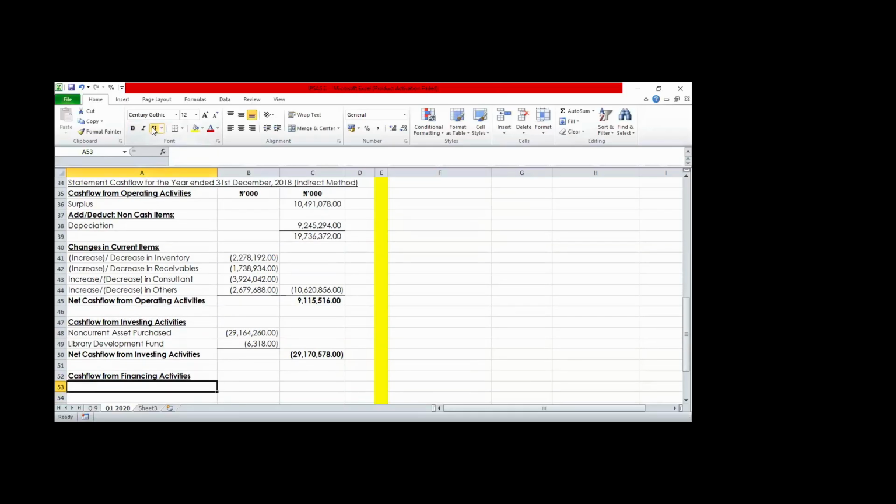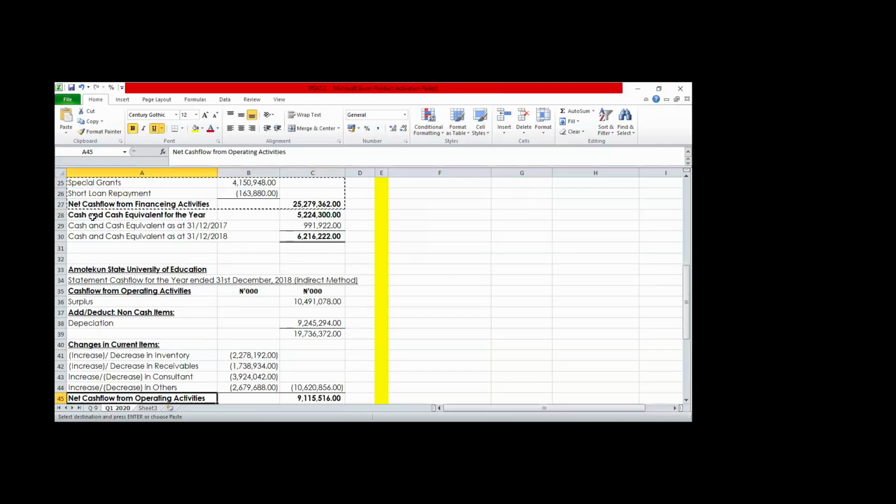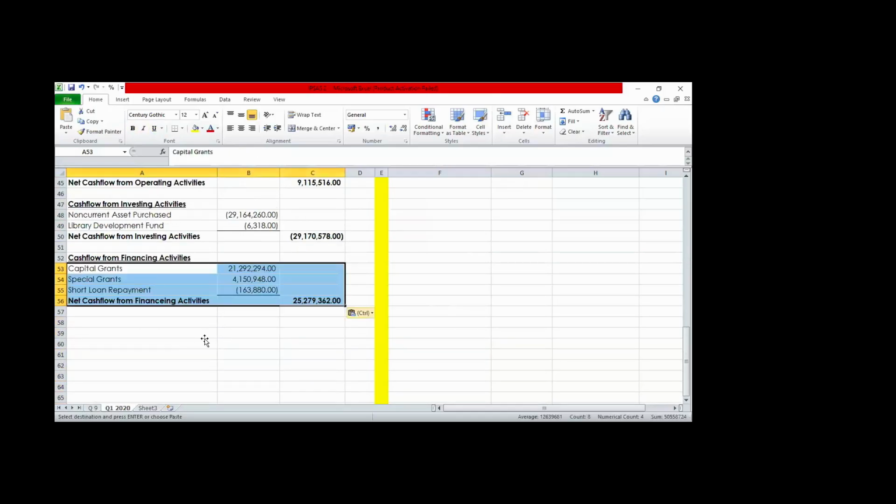Then in here, all we have under finance, as this question is concerned, are capital grant, special grant, and short-term loan repayment. Those are the things we are meant to recognize under that. It does not change. Then we have net cash flow from financing activity, which is addition of this minus this to give us this.